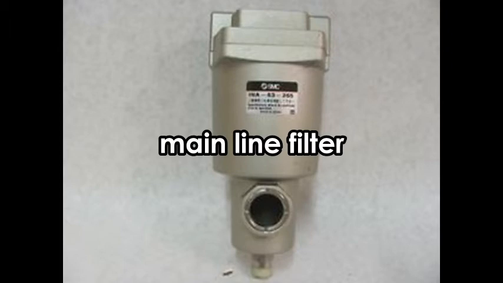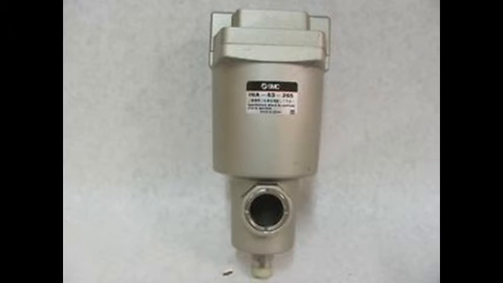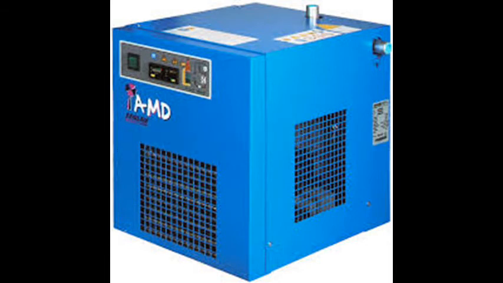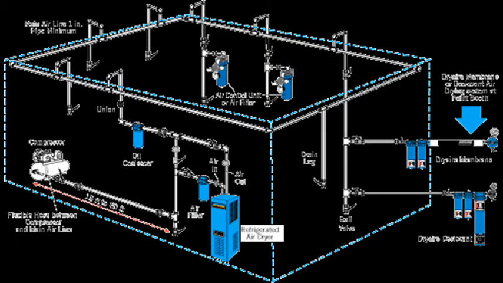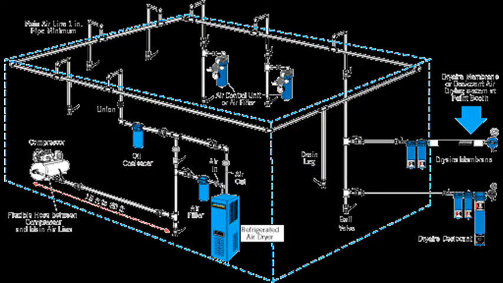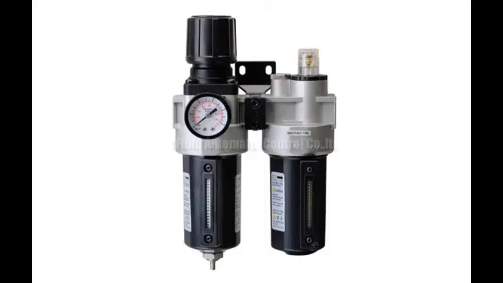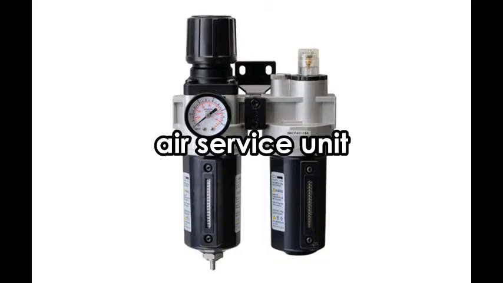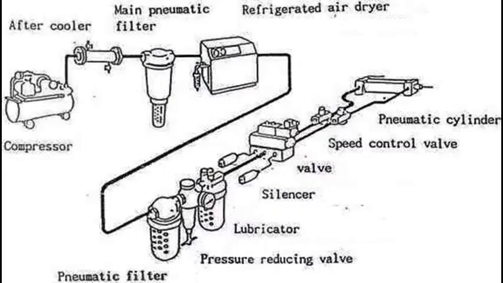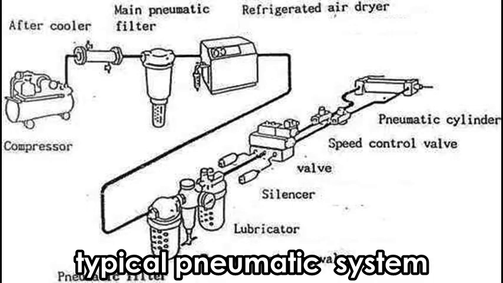Mainline filter. 6. Refrigerated air dryer. 7. Piping. 8. Air service unit. We will be discussing each component in detail.